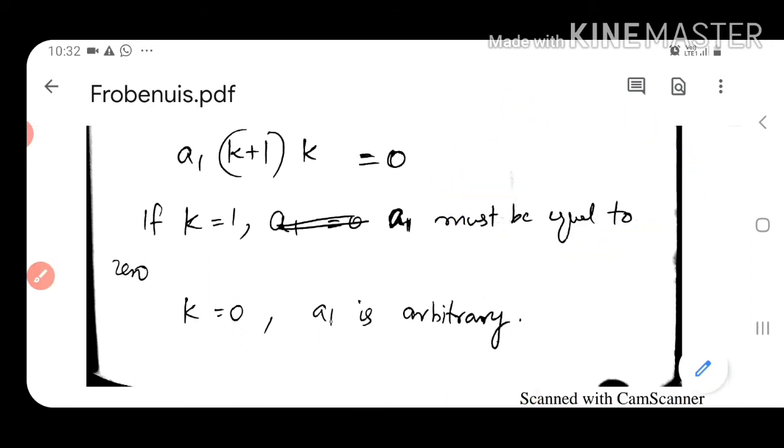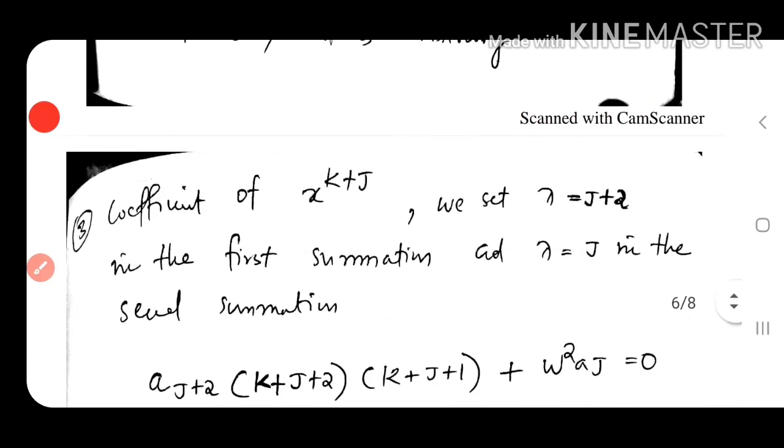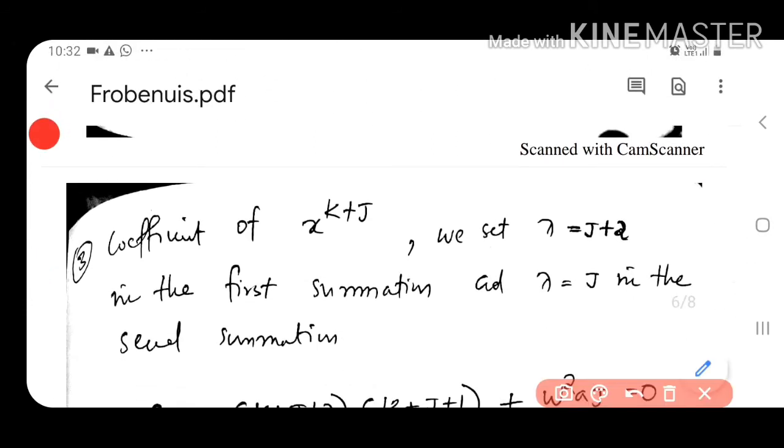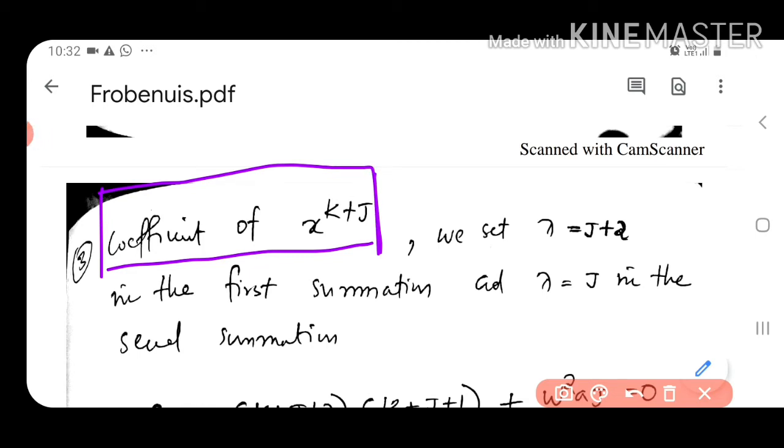So from the first part you got the indicial equation, and the roots of the indicial equation are k equal to 0 and k equal to 1. Then taking the coefficient of x to the power k minus 1, you got the value of a1, which is either 0 or arbitrary.